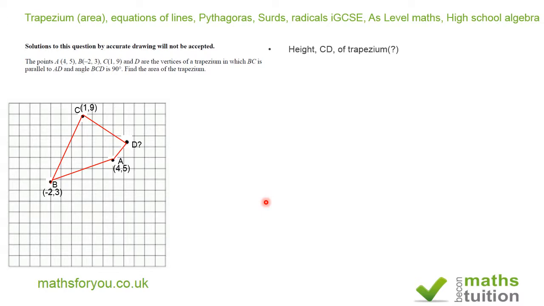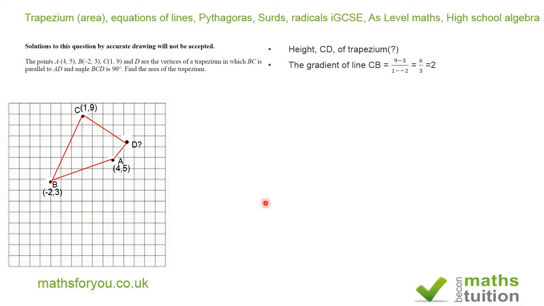To do that, we need to find the gradient of the line CB, and that would be 9, which is the y coordinate at the point C, minus 3, which is the y coordinate at the point B, divided by 1 minus negative 2, 1 being the x coordinate at the point C, and negative 2 being the x coordinate at the point B. So the gradient of the line CB is 2.